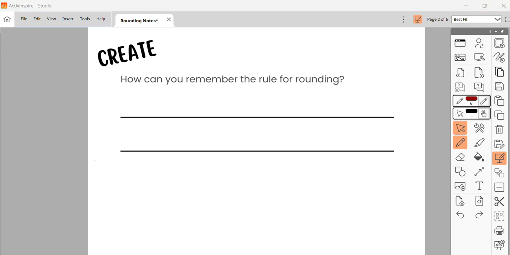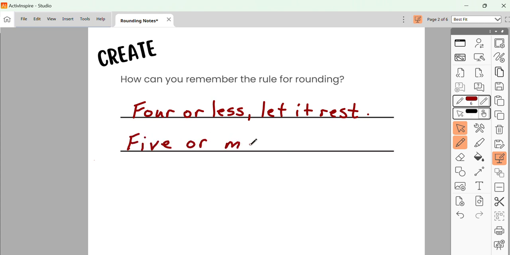But what we had was 4 or less, let it rest. 5 or more, let it soar, which means let it go up 1. So 4 or less, the underlined number is going to stay the same. It's going to rest. 5 or more, let it soar.